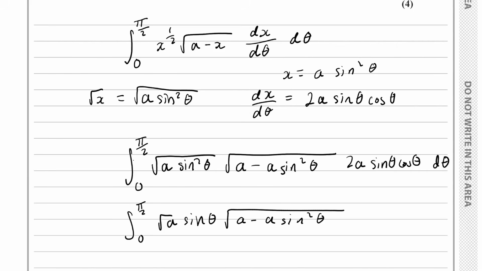Now I'm going to factorize out the a. Let's go back. If I factorize out an a, I've got a times 1 minus sine squared theta, which I can change into cos squared theta.